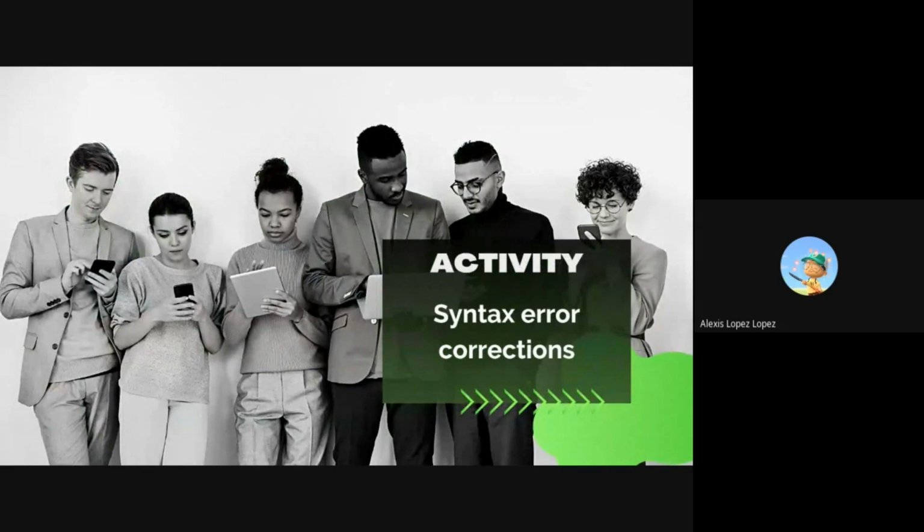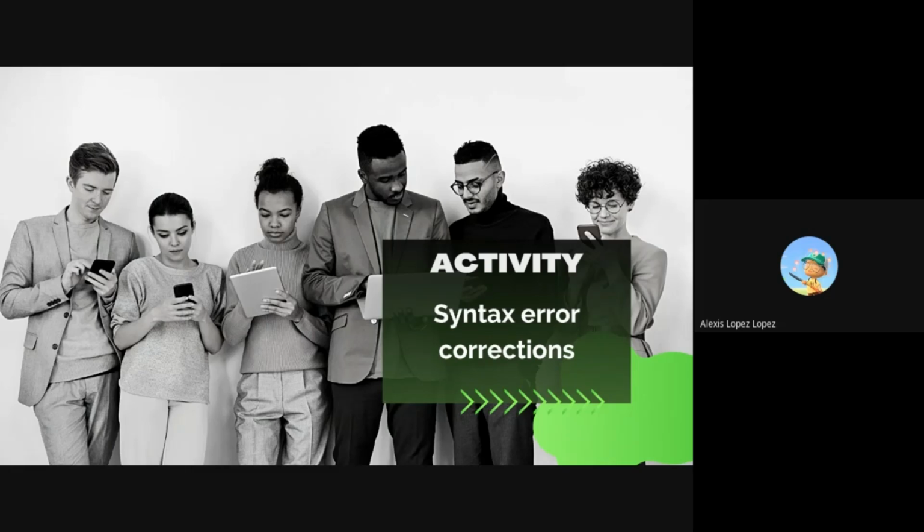It's about syntax error corrections. What you're going to do is that I'm gonna give you an extract of a paragraph or a couple of paragraphs with some syntax errors. And what you would have to do is look for misplaced words or words that do not make sense in the sentences, or look for errors in compositions.